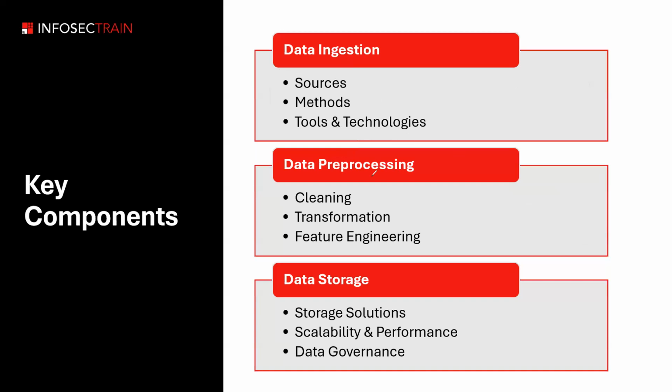Now, once you collect the data, the second step is called data pre-processing. Data pre-processing is the most important pillar of AI because it cleans the data. Second, it standardizes the data, and more importantly, it enriches your raw data.